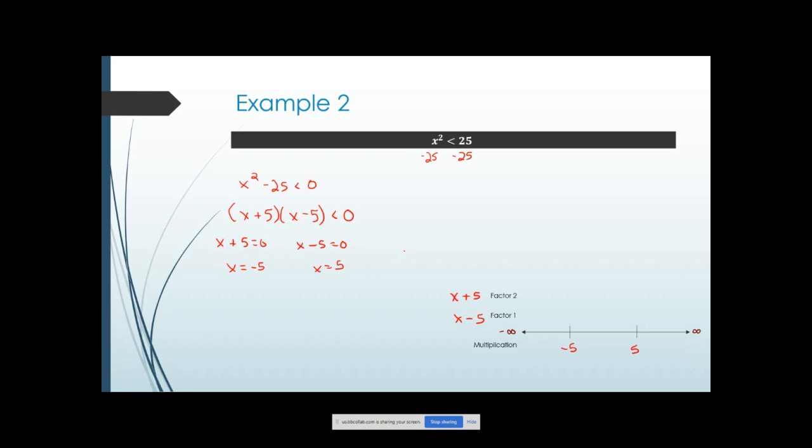So now I'm looking at the lines that I'm going to draw, and because it's a less than, it does not include the equal sign, I'm going to draw just vertical lines here. And they're going to be dashed to indicate that these are not included in your answers, which means that any interval is going to be using parentheses. So these are because we have less than symbols.